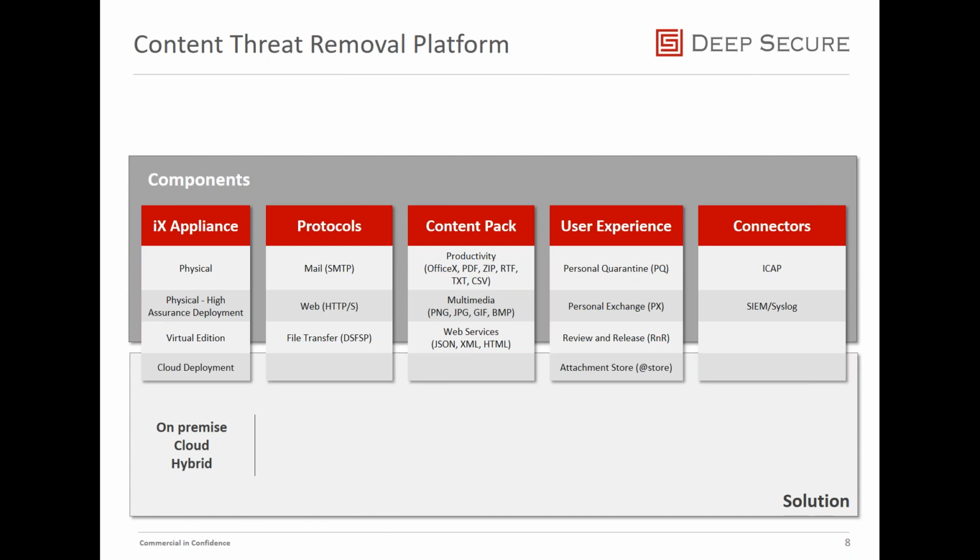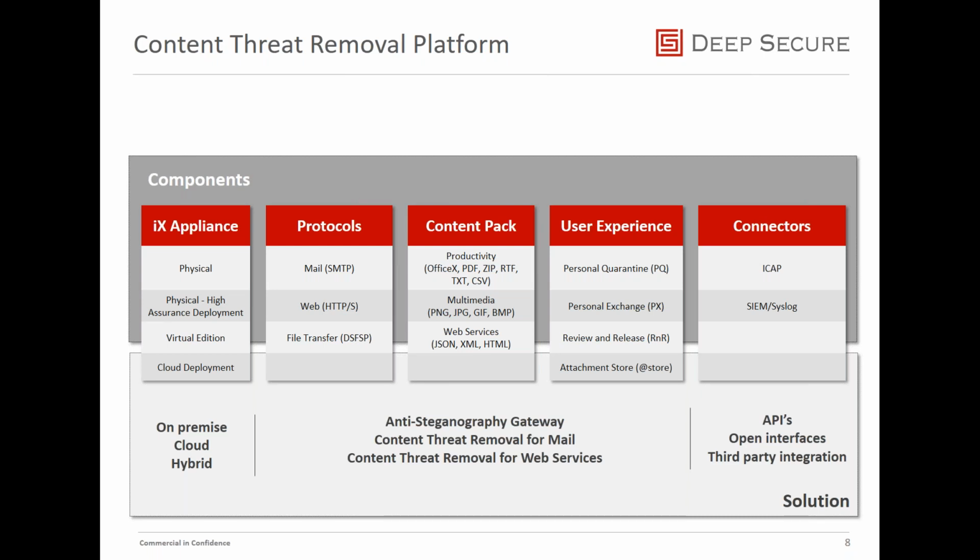The content packs provide the capability to remove threats from Office documents, images, files, and web services and transactional applications such as those based on XML and JSON. For the user, tools are provided to make it easy to securely store, review, and selectively release content. So, taken together with connectors for example, ICAP and SIEM, the platform provides the content threat removal capability for mail and web services, as well as an anti-steganography gateway.